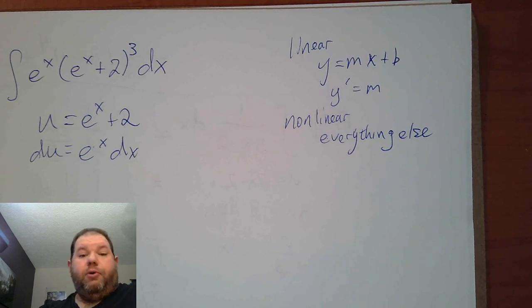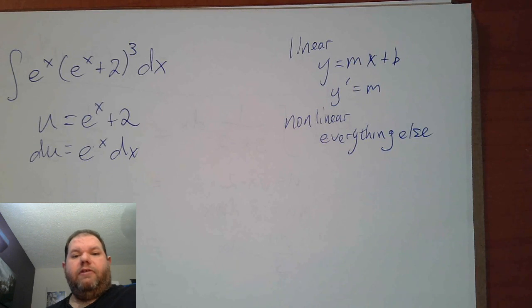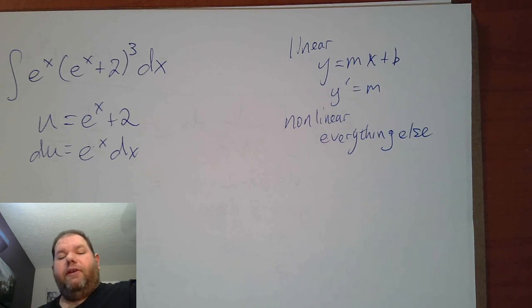To put it as simple as possible, most of what we work with is nonlinear, but we frequently see these linear substitutions in u substitution problems, which makes them pretty straightforward.